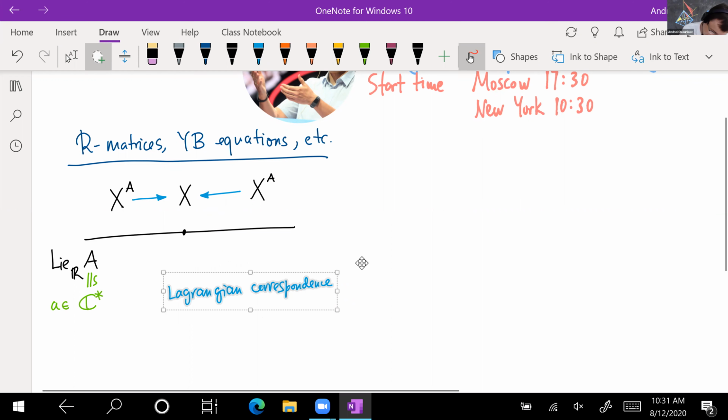So okay, now about precision. Precision is needed. We're going to prove, in fact, we should be proving not the usual Yang-Baxter, but the dynamical Yang-Baxter equation.